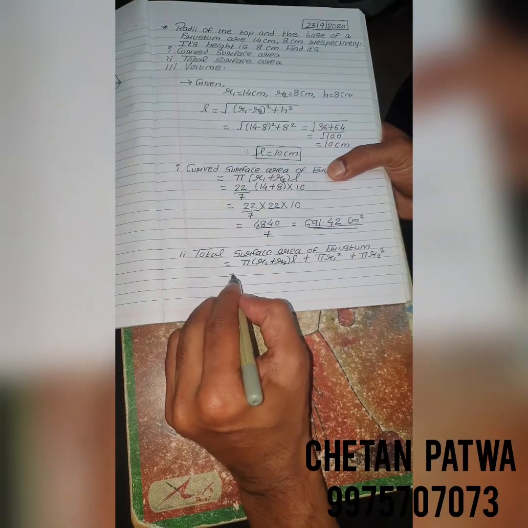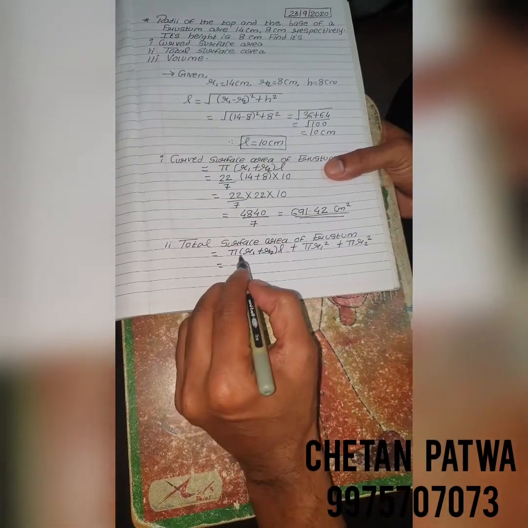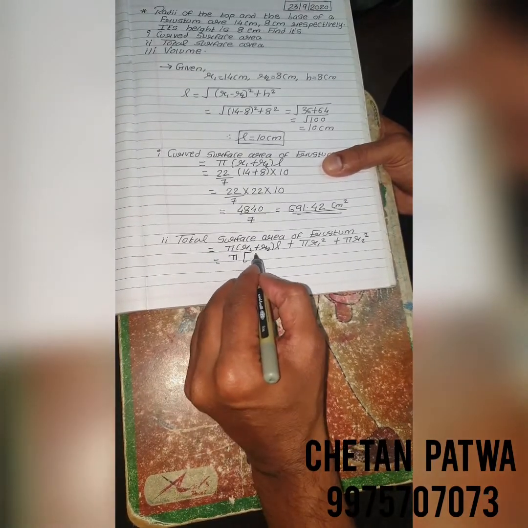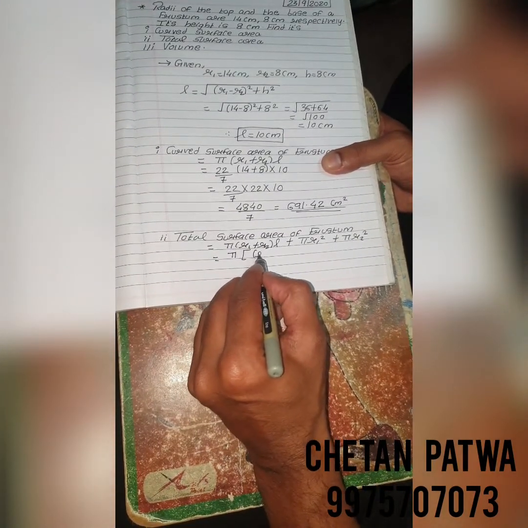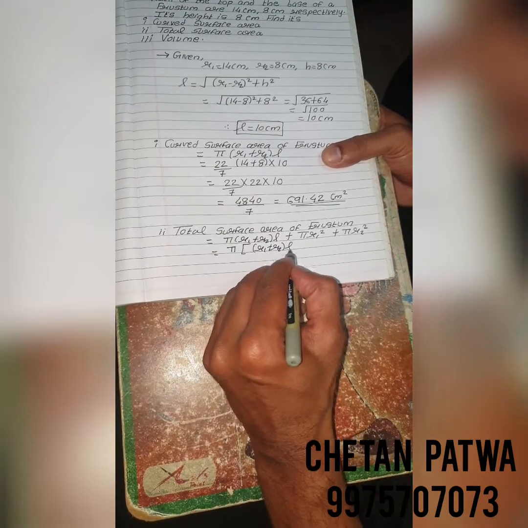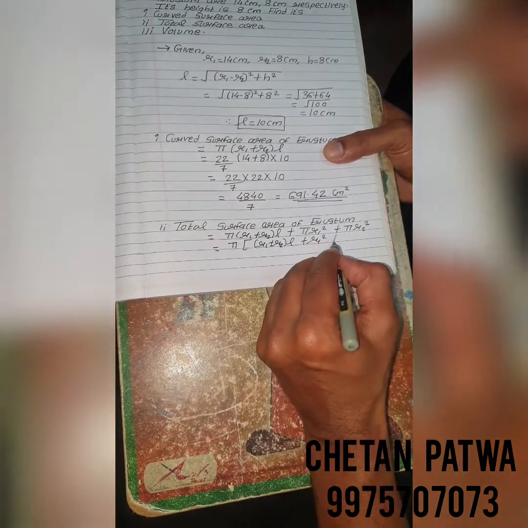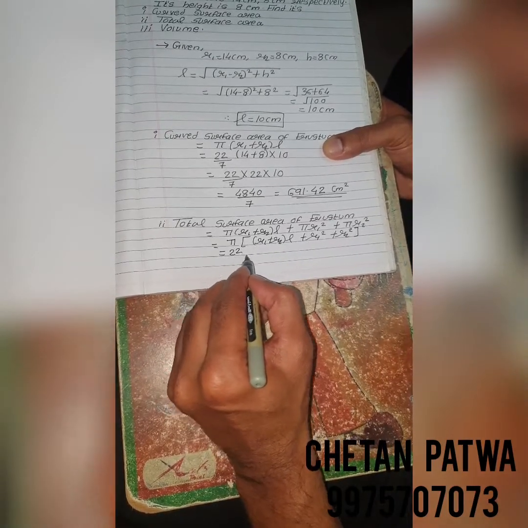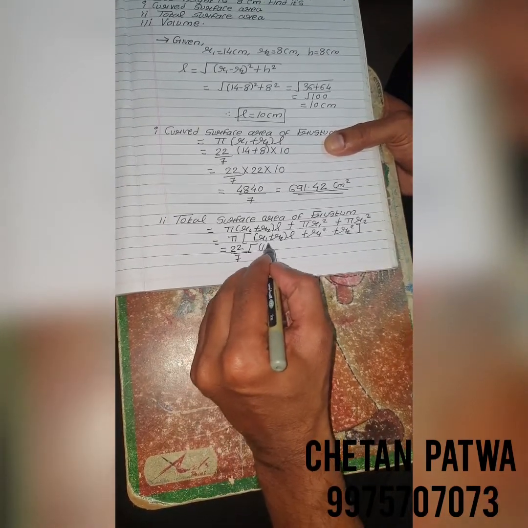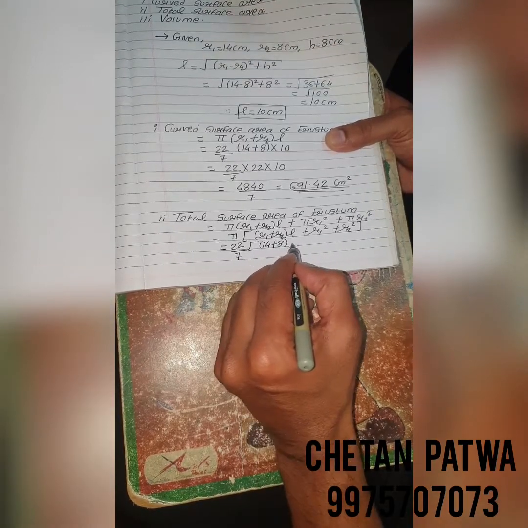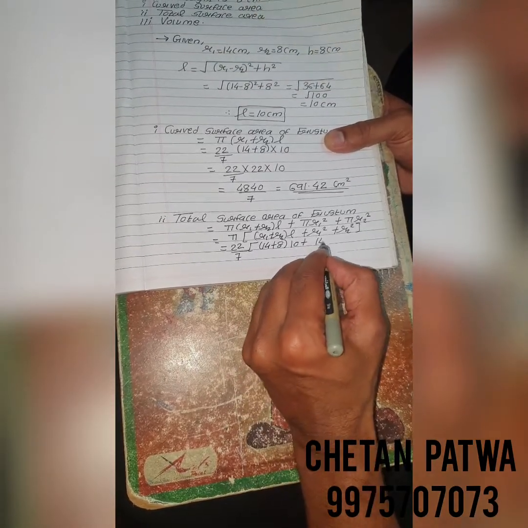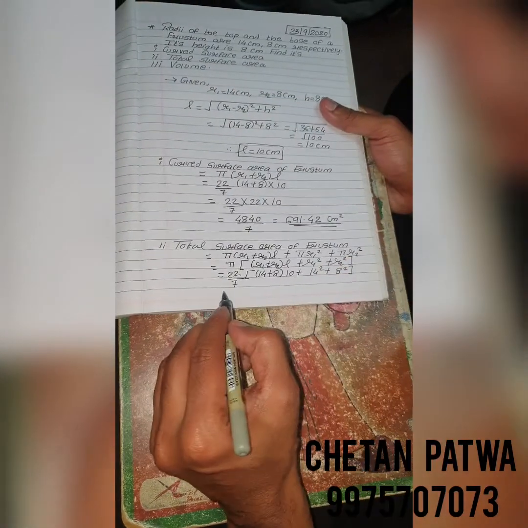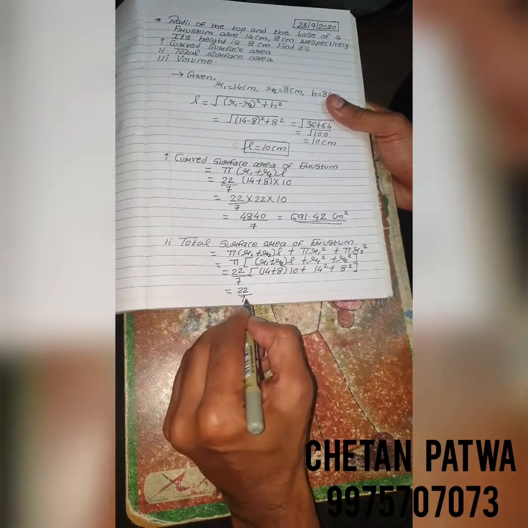So now if we see pi is common, so we can take pi common. So what is remaining? (r1 plus r2) into l plus r1 square plus r2 square, that is equal to 22 upon 7. What is r1? 14. r2 is 8. What is l? 10, plus 14 square plus 8 square.